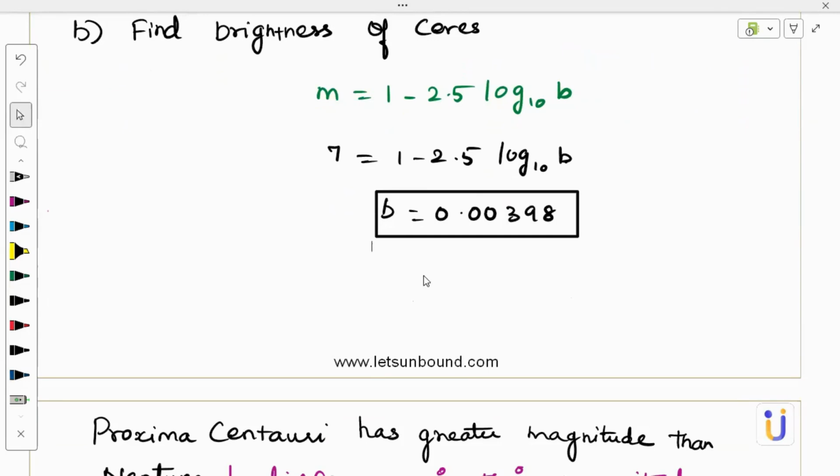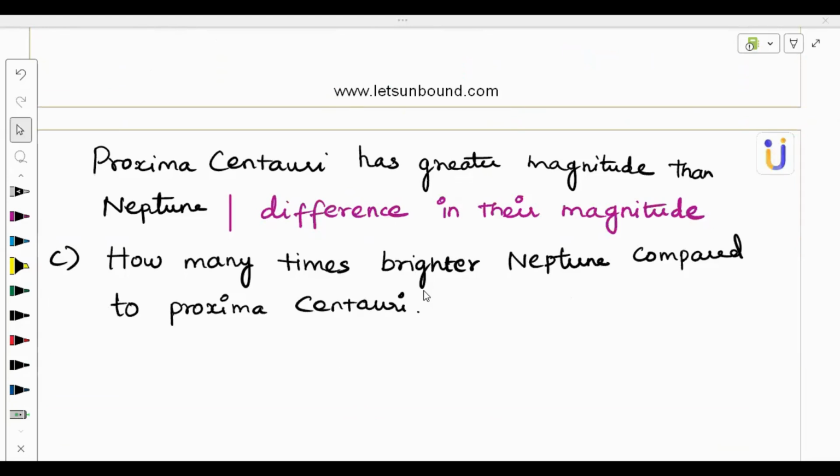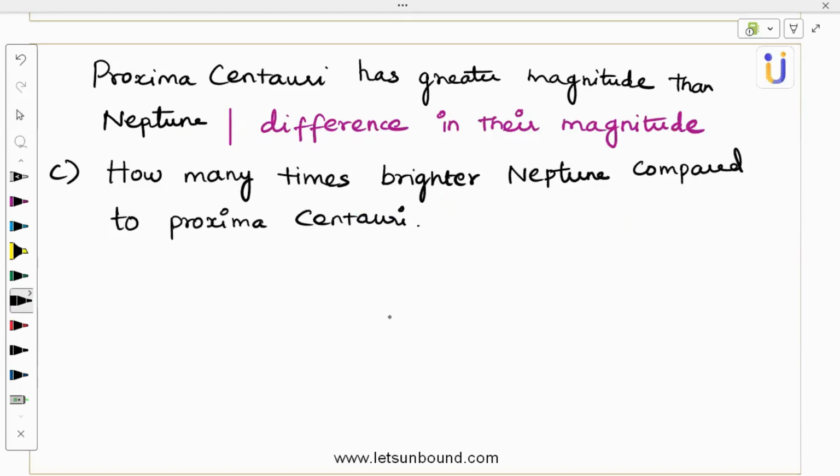Okay, next: the star Proxima Centauri has a greater magnitude than the planet Neptune. The difference in their magnitudes is 3.2. Find how many times brighter Neptune is compared to Proxima Centauri. So the given stuff, let's convert into math language. Proxima Centauri has a greater magnitude. So Proxima magnitude, let it be PM, just for a notion.